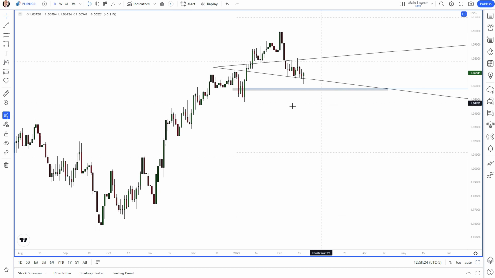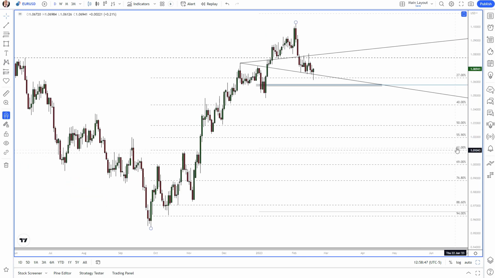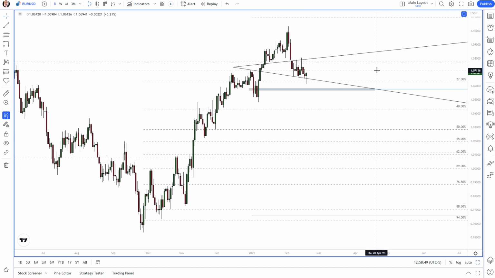Now, if I take a Fibonacci tool from this bottom right over here to the top, again, I mentioned in my other video that I usually like to round out the Fibonacci ratios. If you have it as default, you would have a 61.8. I rounded it out to 62%, so pretty much around the same area.